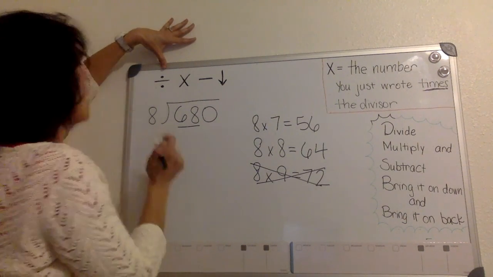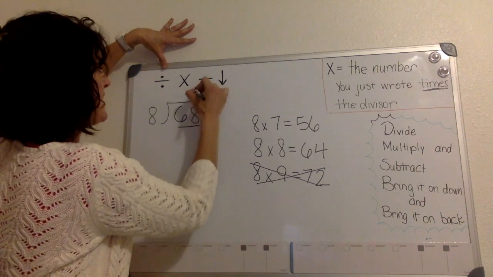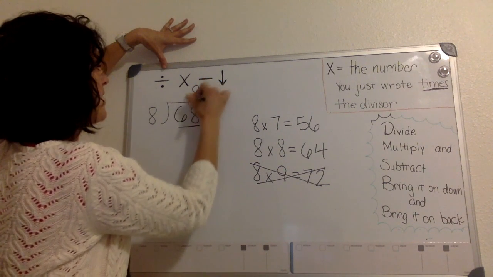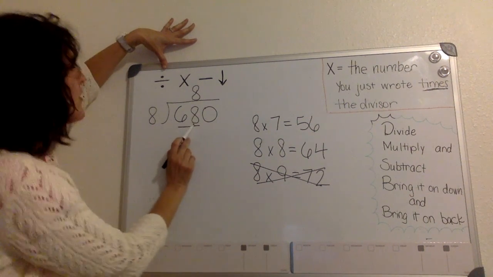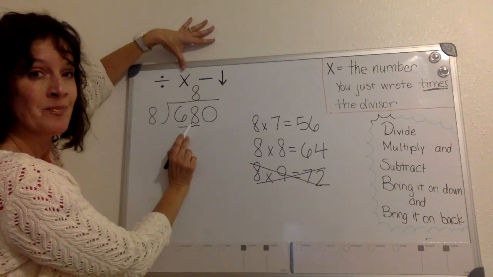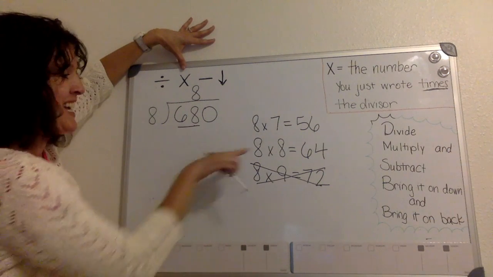Because we are using 68, my answer, which is 8, is going to go right above the other 8. There's a whole bunch of 8s in this problem. Time to multiply. 8 times 8 is 64.